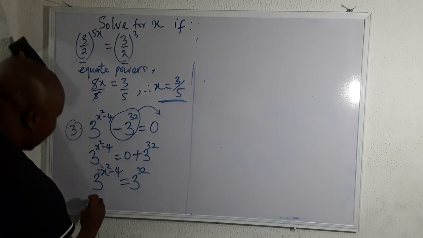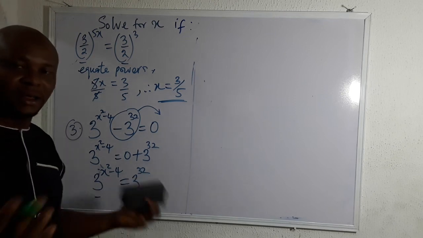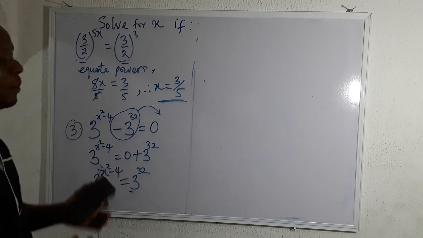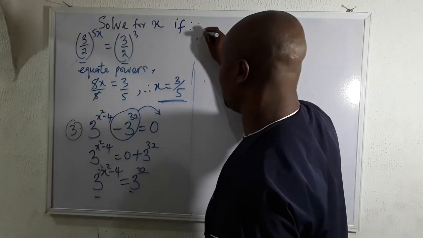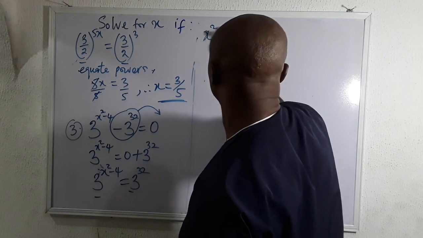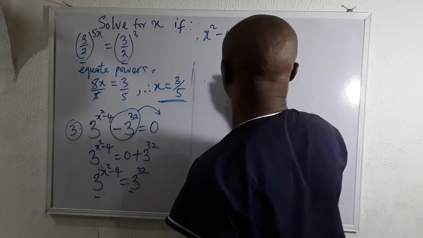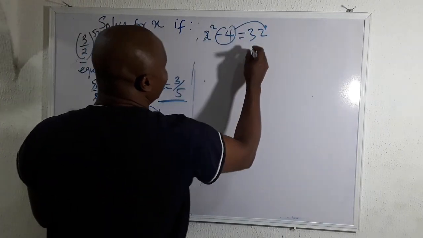Now again, we can see that the bases on both the left and the right hand sides are the same. So what do we need to do? We need to equate the powers. Equating the powers will give us x squared minus 4 will be equal to 32. So now we quickly move this minus 4 to this side, it becomes plus 4.